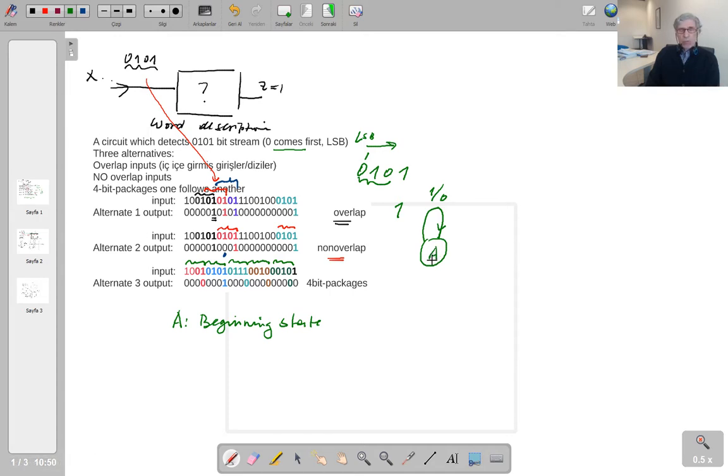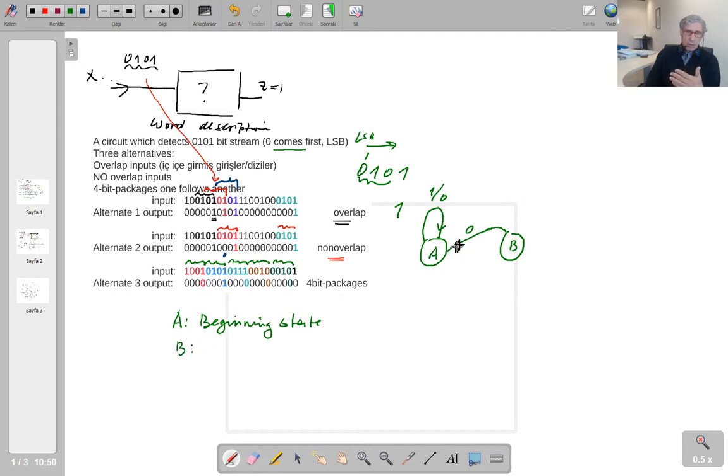I am going to move on when the 0 comes. When 0 comes, that means I could detect my sequence. So when 0 comes, you're not in the first state, so you're going to come to a new state. How am I going to name this state B?